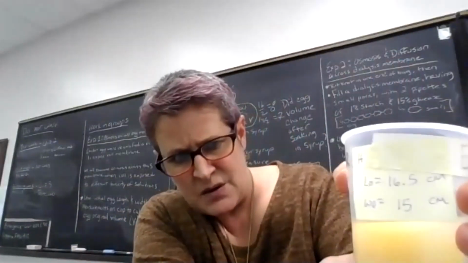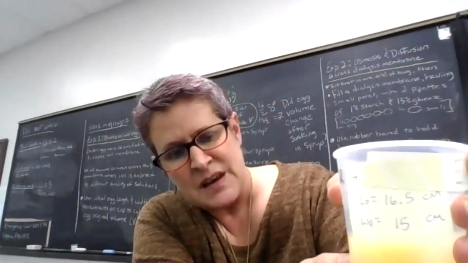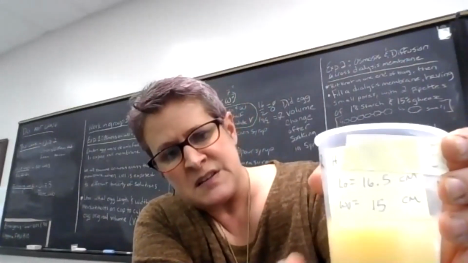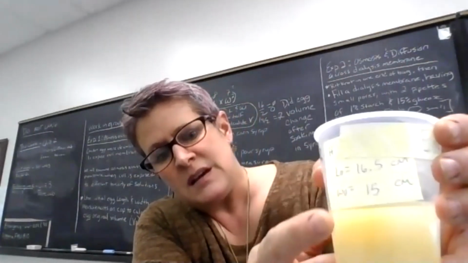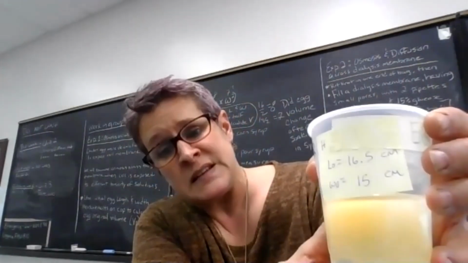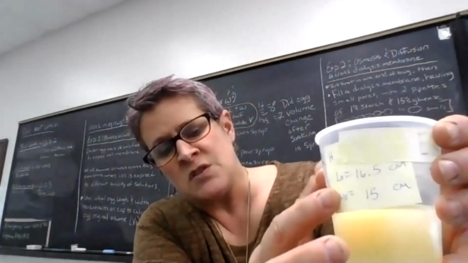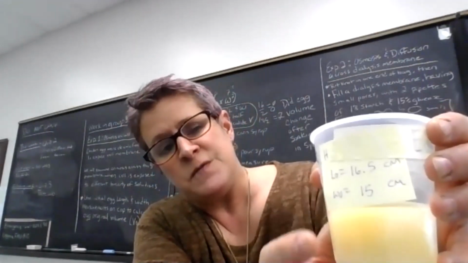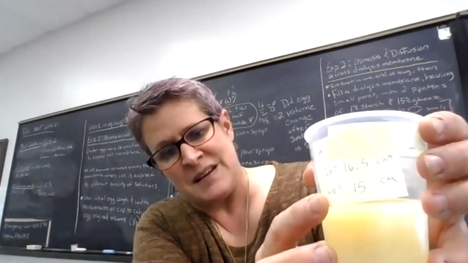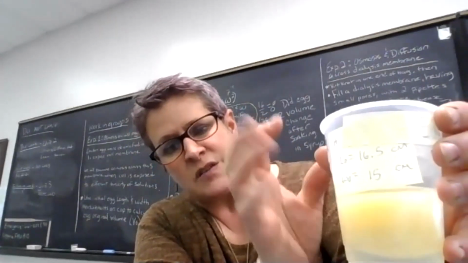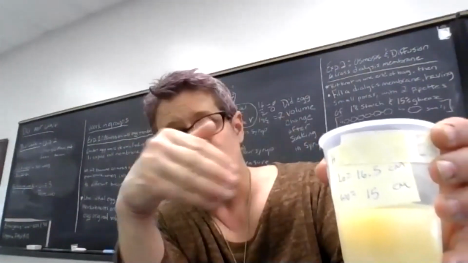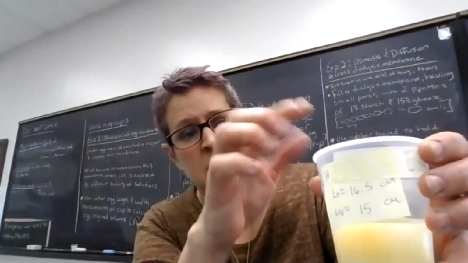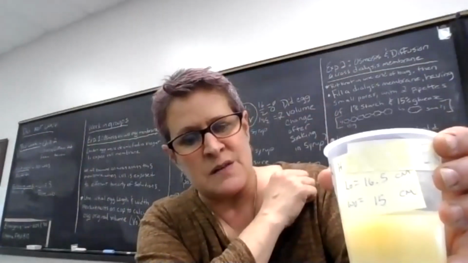It is kind of backwards from my viewpoint, but I took the original egg length, which is 16.5 centimeters, and its original width, which is 15 centimeters. That is the original egg after I decalcified it in vinegar, and then I measured it and put it in corn syrup, where it's been soaking for 2 hours.